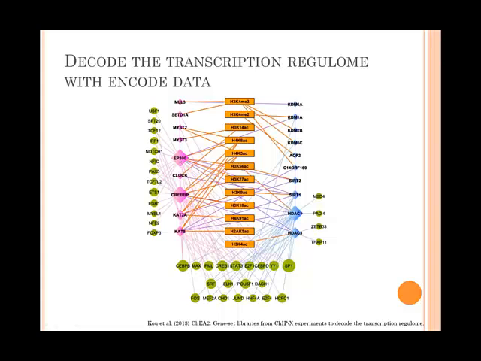So we would like to take this transcription regulome and start to look at the gene expression data from the L1000 experiment and try to identify the upstream regulators for the up and down genes. And that's it.